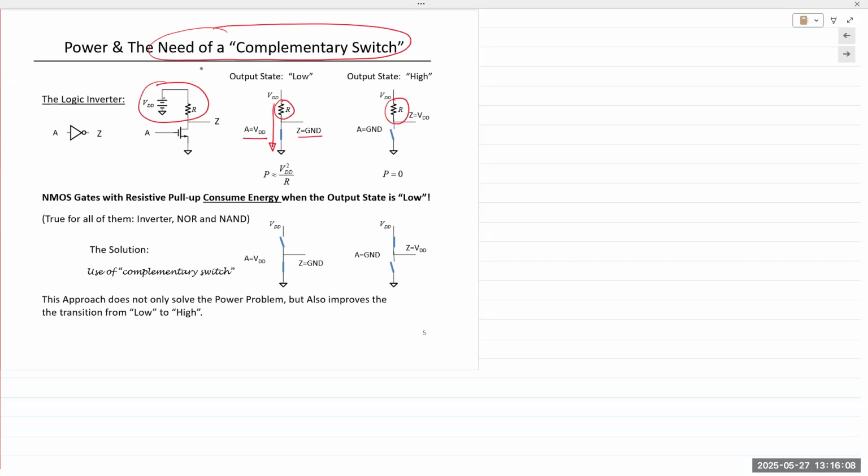So instead of using a pull-up resistor, we add another switch, and this time the switch is made of a p-channel MOSFET. Obviously, we don't want it to activate when the NMOS transistor is activated, right? So when you have a PMOS and an NMOS transistor connected together, we want only one of them to be on at a time.